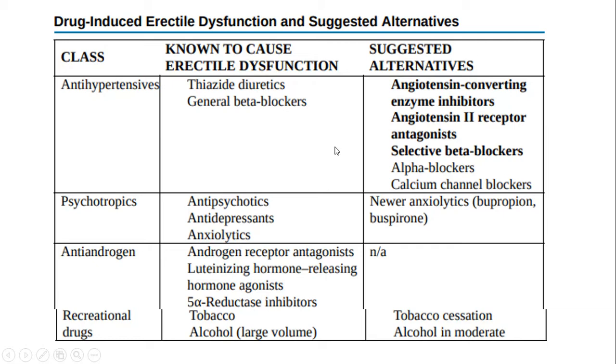So even if you are not a urologist, you care about the erectile function of your patient, and you should care because it improves the quality of life of this patient. Then you can change these drugs to these drugs.